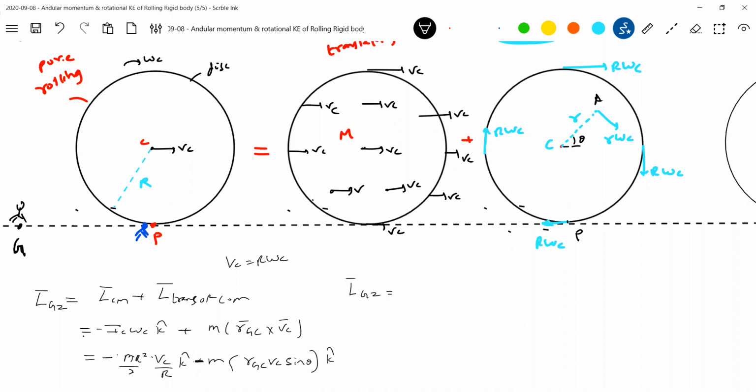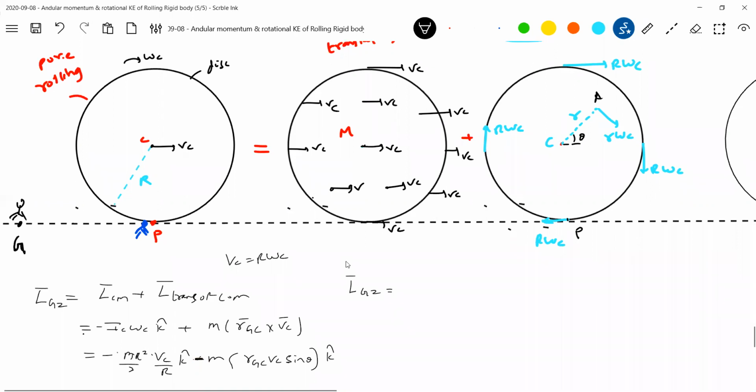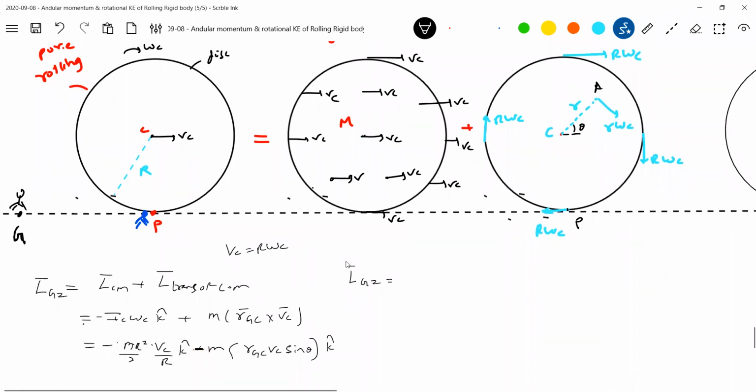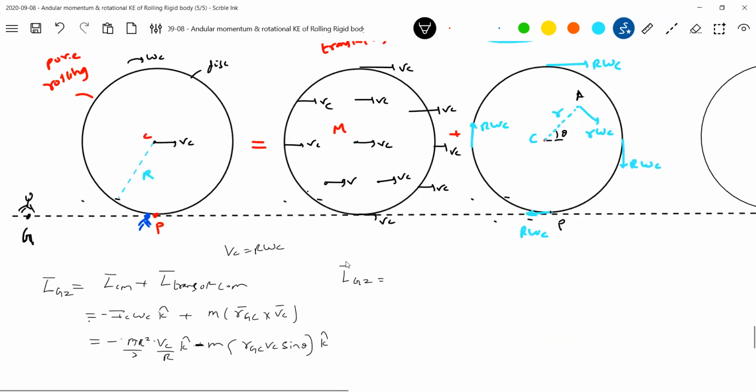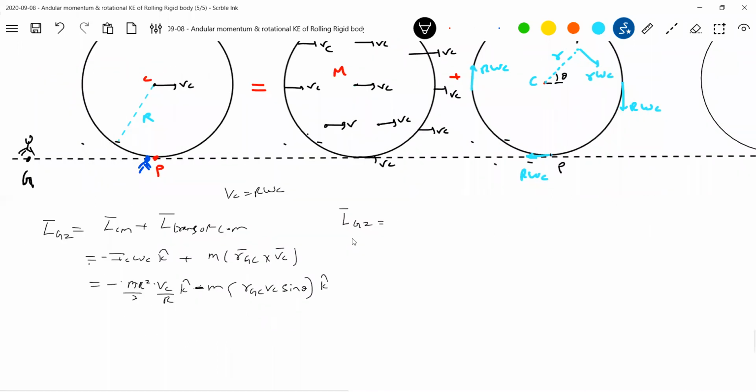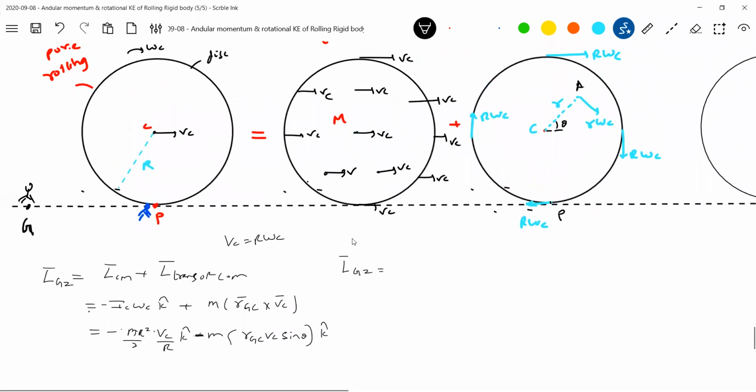One more step I can go down. Let me write here, so there should be 3 MVC R by 2. So this everything will become 3 by 2 MVCR K cap. Already we have discussed the same thing.